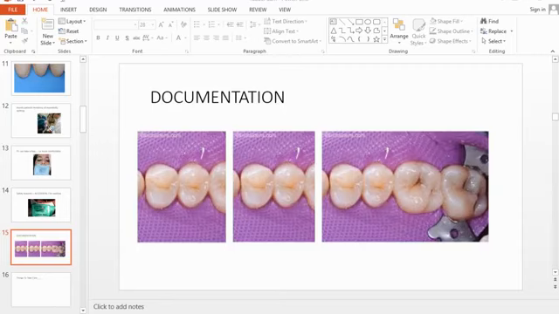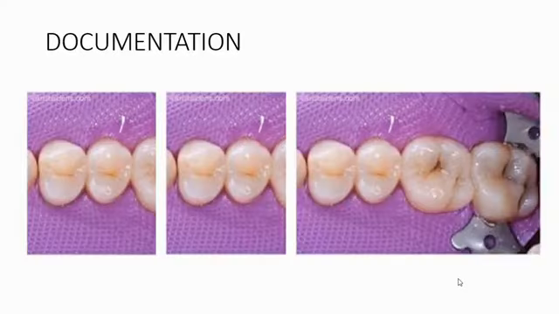So I think these points are strong enough to make you enthusiastic or motivated towards learning how to use a rubber dam. Along with the benefits which I told you, I want to add a few points which you need to take care of when you start using rubber dams.